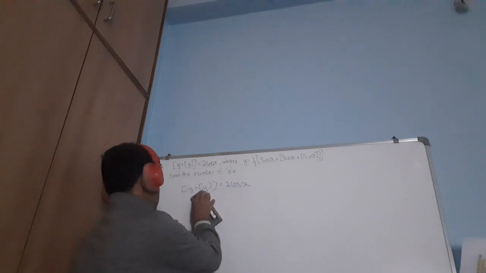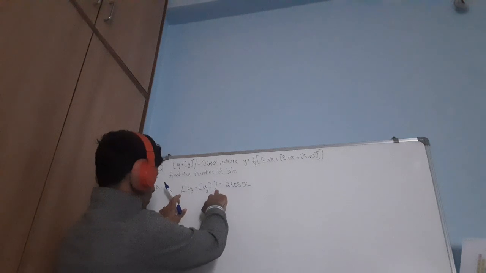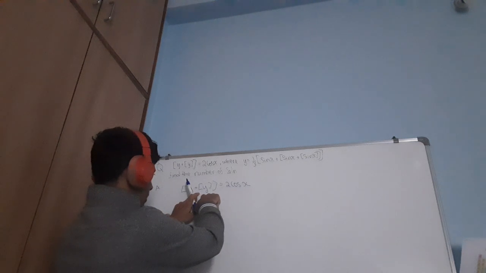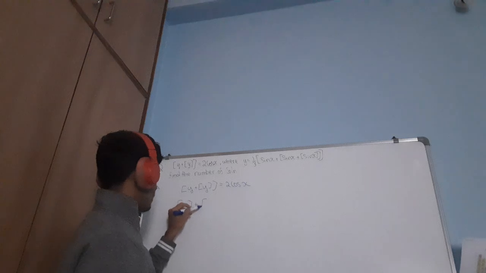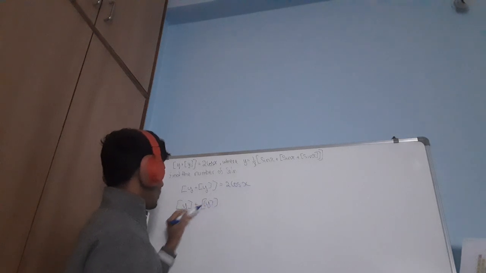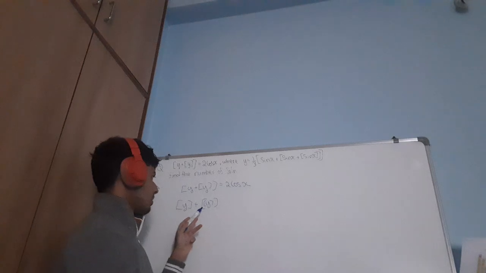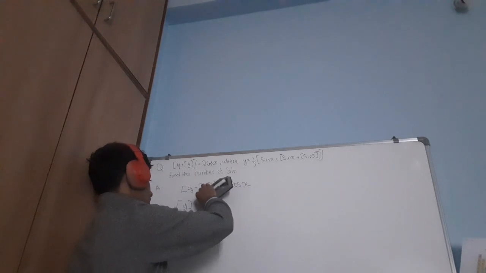So I can distribute the outer box into the individual elements of the box. So I can write this as box y plus box of box y. But this doesn't really make any difference because this is the same as box y.